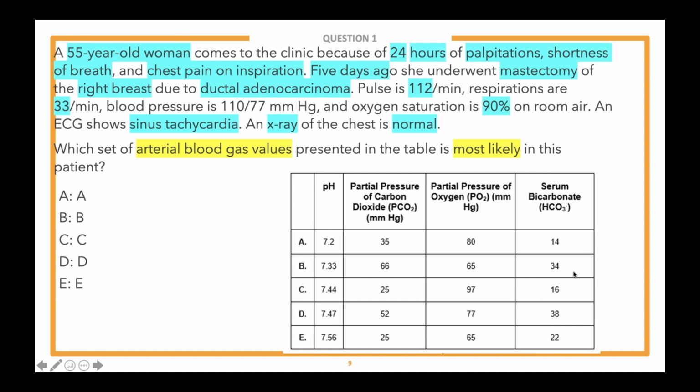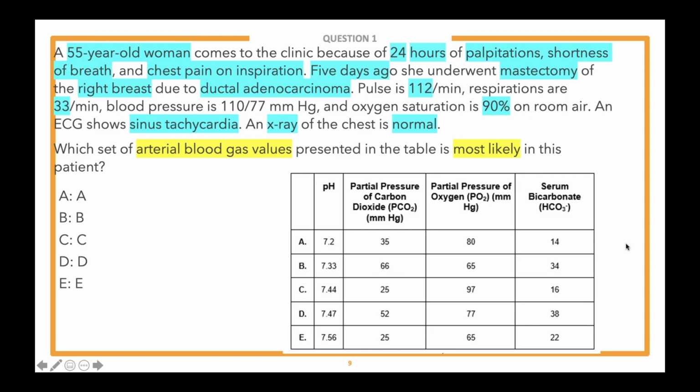C, a pH of 7.44, PCO2 of 25, PO2 of 97, and a bicarb of 16. B, a pH of 7.33, a PCO2 of 66, a PO2 of 65, and a bicarb of 34. And lastly, answer choice A, 7.2 is the pH, PCO2 of 35, PO2 of 80, and a bicarb of 14.